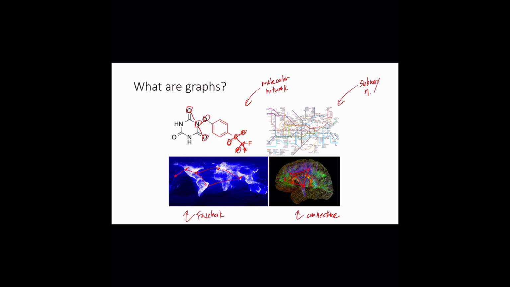So let's take the molecular network for example. It actually matters that you have this structure in this exact configuration, and it's not enough to say that you simply have a list of some molecules. You actually want to know the exact structure that they're arranged in.